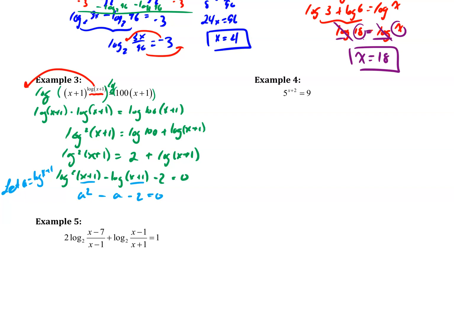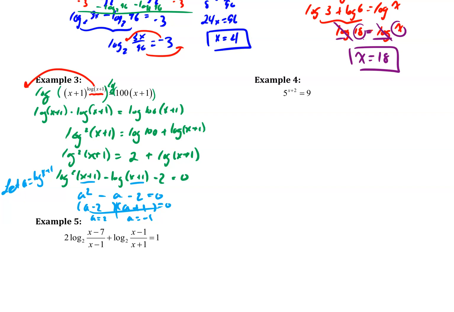And that's something I could factor, right? That's the same thing as a minus 2 and a plus 1. I could solve that: a would be 2, a would be negative 1, but it's not really a's. It's really log of x plus 1 is equal to those.